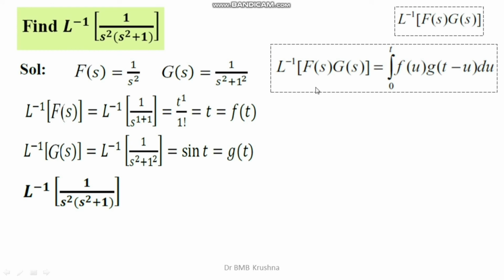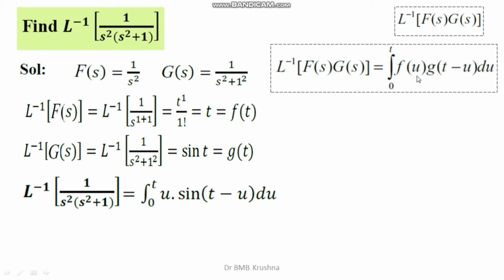We know the convolution theorem: L inverse of f of s, g of s is the integral from 0 to t. The integrand will be f of u, g of t minus u, and integrate this integrand with respect to u only. So, when t is constant, it became the integral 0 to t of f of u.